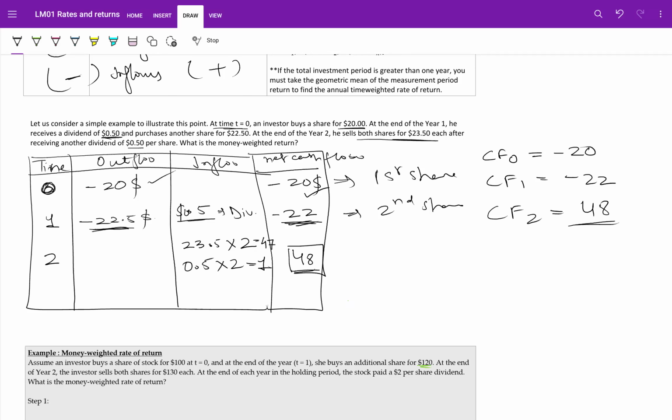So 9.39 is our money weighted rate of return. If we look at this cash flow example from a money weighted rate of return perspective, the rate of return is 9.39%.